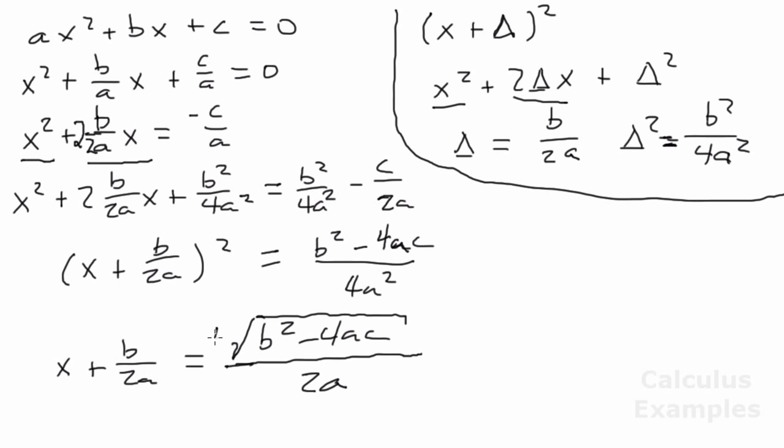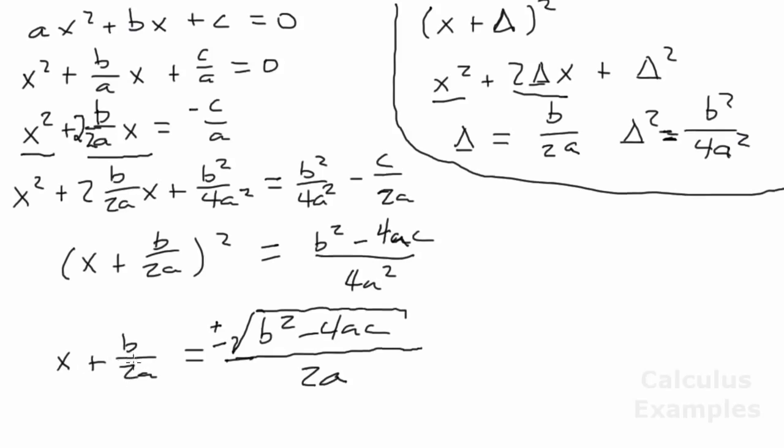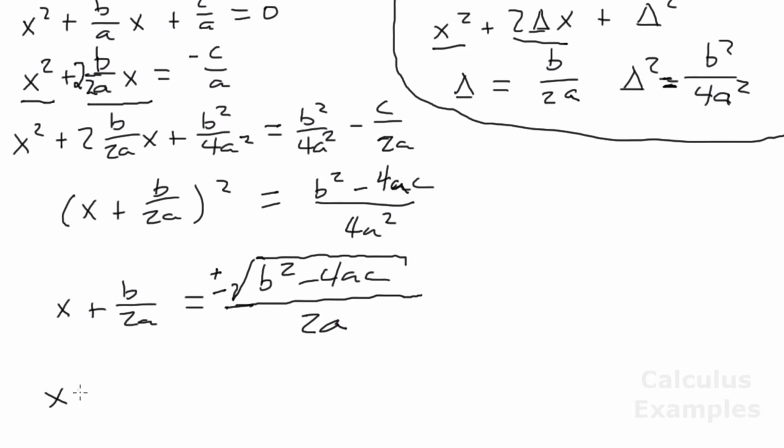Now both the positive and minus version of this, when the left-hand side is squared, equals this. So we add this plus and minus in front. Next we subtract b divided by 2a from both sides, which will give us our answer.